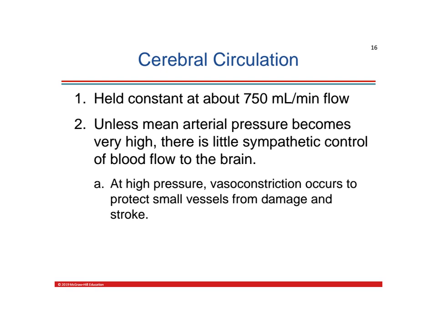At high pressures, let's say 200 millimeters of mercury, and that's a point where you can actually have damage of these very delicate vessels in the brain, vasoconstriction occurs due to the sympathetic control, and that helps to protect small blood vessels from damage and stroke.